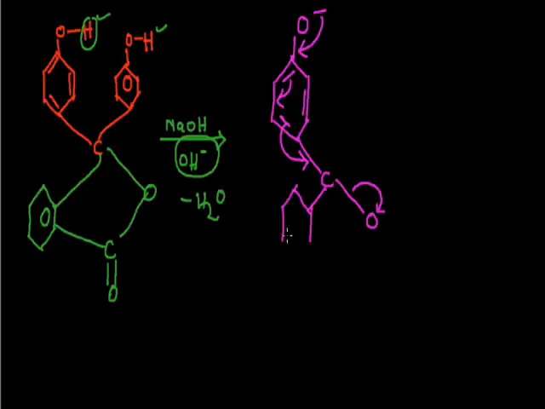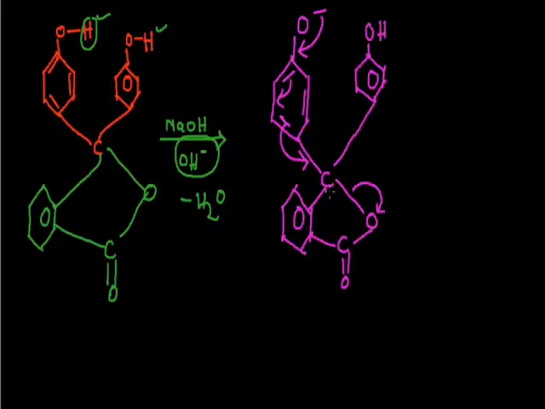There is no change in the remaining structure. It's C double bond O, here, and this side becomes another benzene ring having an OH group, and this carbon is bonded with this.